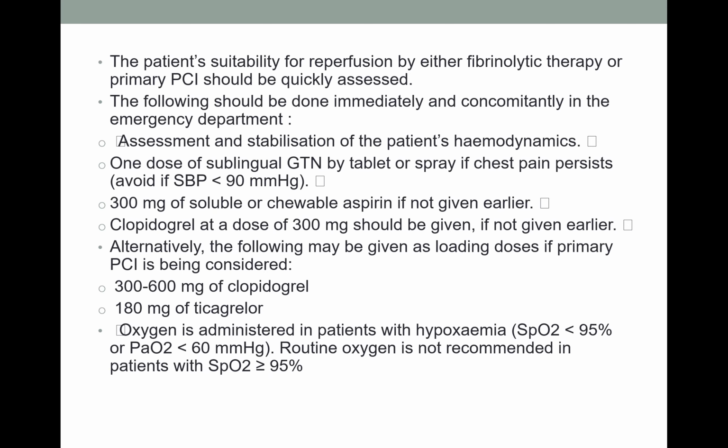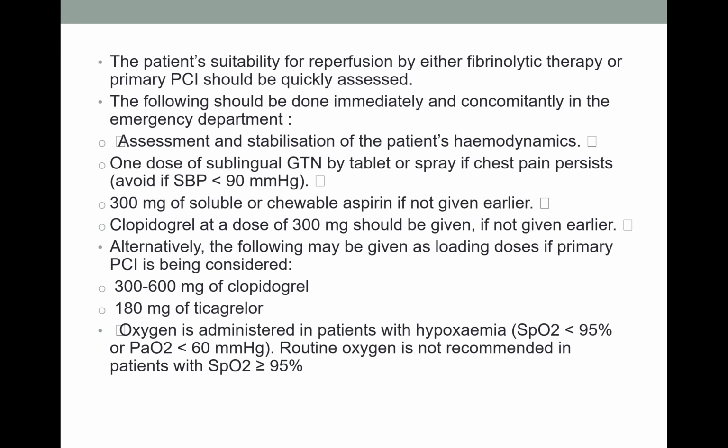DAPT, the dosage should be 300 aspirin and 300 clopidogrel. And if we opt to send the patient for primary PCI, a higher dose of clopidogrel can be considered, 300 to 600, or other choices such as ticagrelor. Also give oxygen if SpO2 is less than 95%.